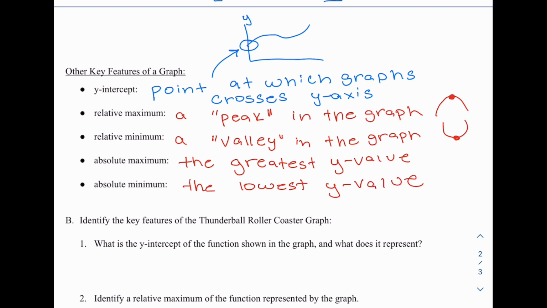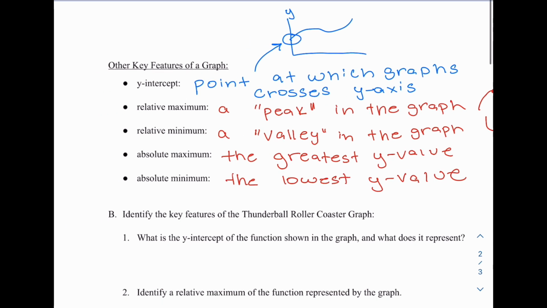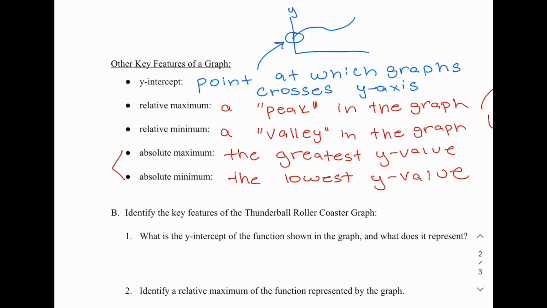So the highest your graph goes is your absolute maximum, and the lowest your graph goes is your absolute minimum. And these can include endpoints. However, relative min and max cannot be at endpoints.